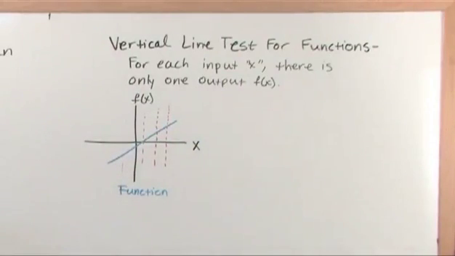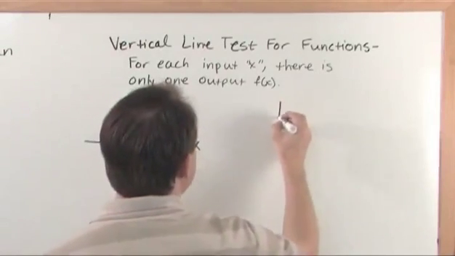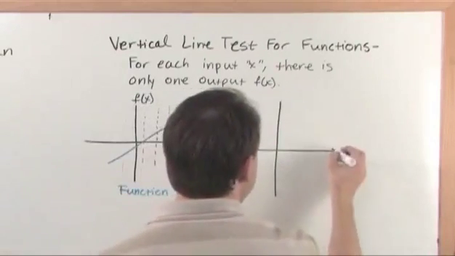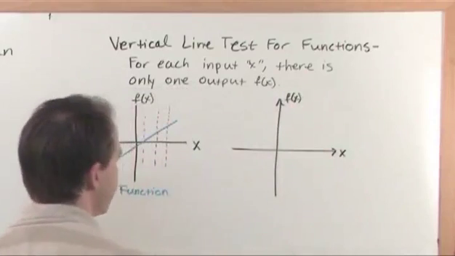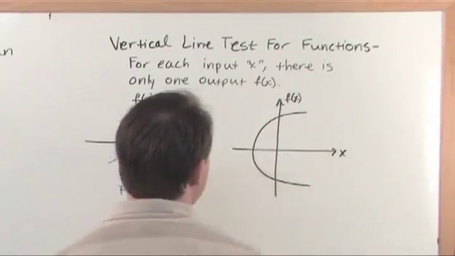Okay. Now let me show you what is not a function, because that's pretty important, and I think that'll clear things up just a little bit here. Okay. This is not a function. Let's say here's your graph here. Okay. And this is x, and this is f of x, okay, just like we would expect. Let's say you had a graph that looks like this, okay?